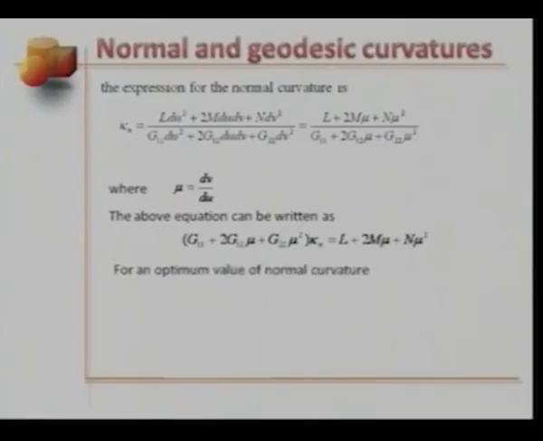That would allow us maybe to compute the optimum value of the normal curvature, kappa n. If kappa n is the objective here, and if you are trying to find an extremum or extrema for kappa n, we'll have to use the first order conditions that correspond to the total derivative of kappa n with respect to mu, and that should be equal to 0 to get a set of stationary points.